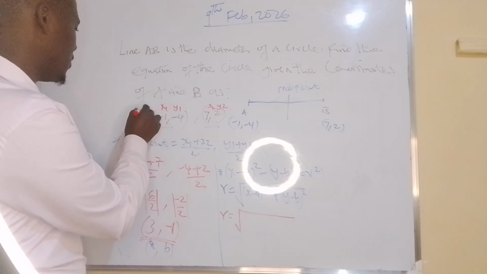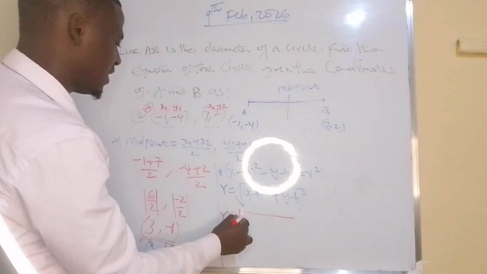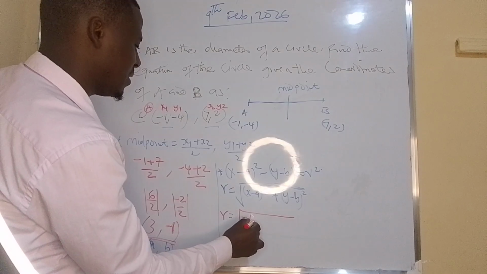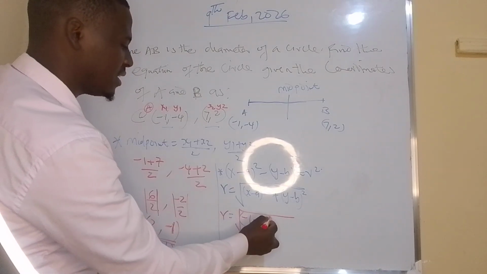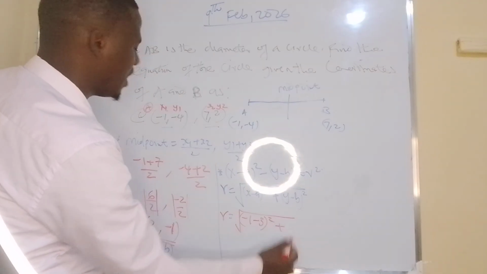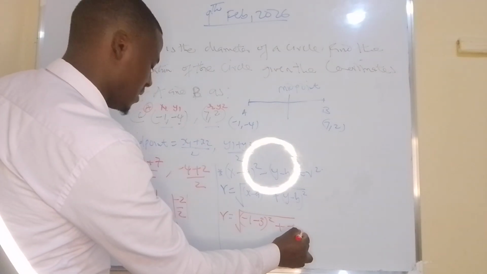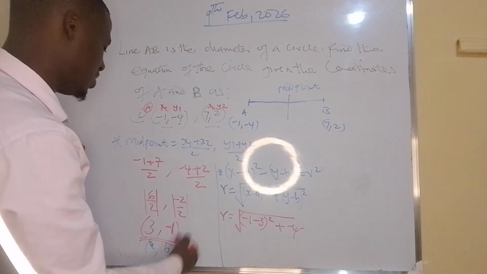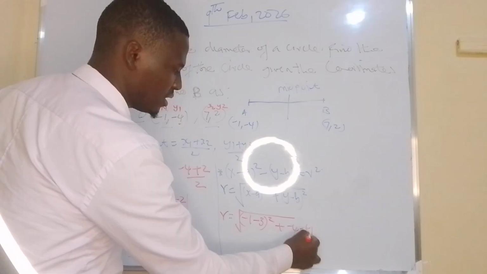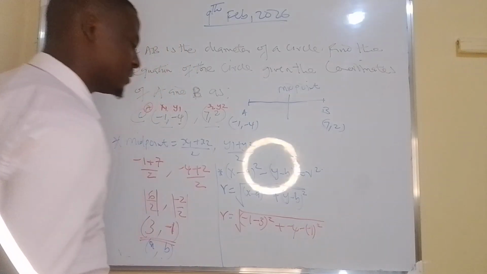Let's use point A, which is (-1, -4). So -1 minus a, what is our a? 3. Then you square that. Plus y, which is -4, then minus b. Our b is -1. Then you square that.